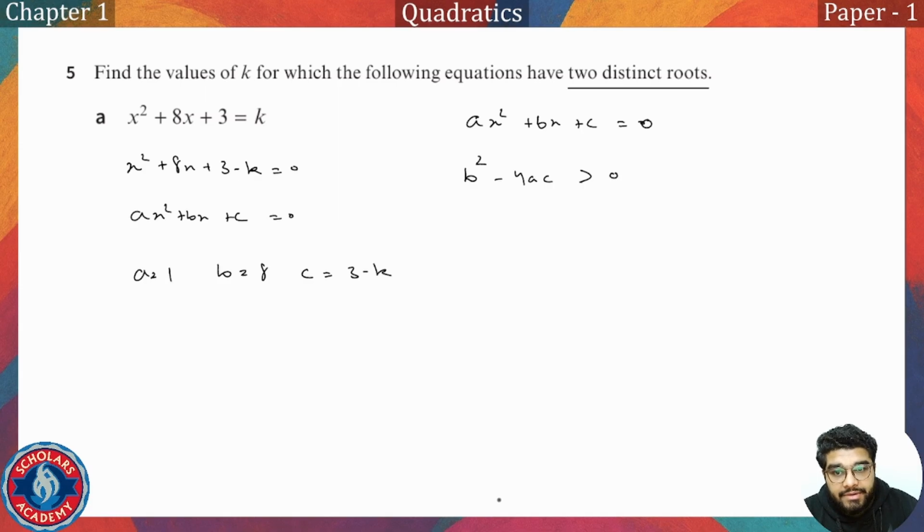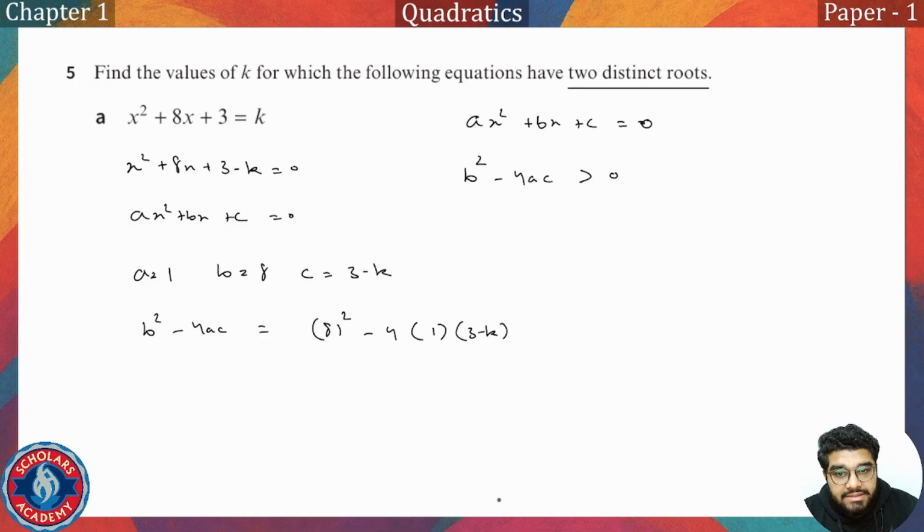Now if I compare and find the value of discriminant, what I get is b square minus 4ac, that is equal to square of 8 minus 4 times a, which is 1, and c, which is 3 minus k, right?